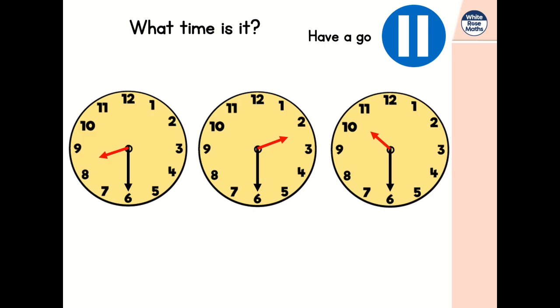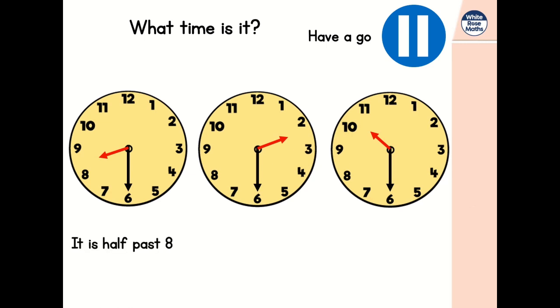Here are 3 clocks. Have a look at them. See if you can figure out what time it is. The first clock shows the minute hand pointing to the 6, the hour hand halfway between the 8 and the 9.